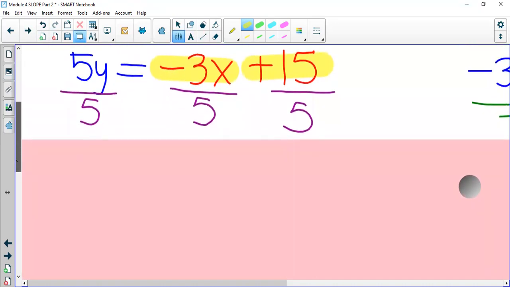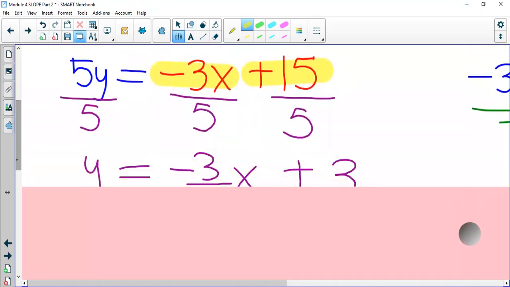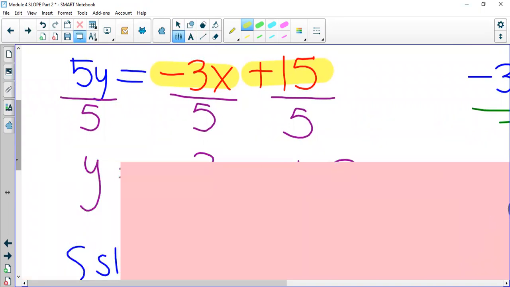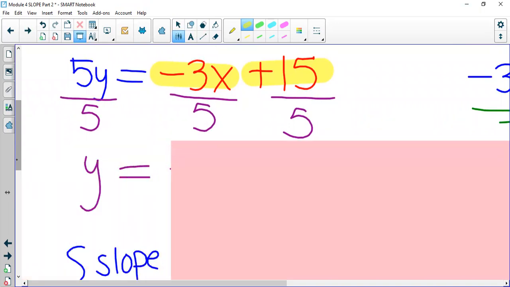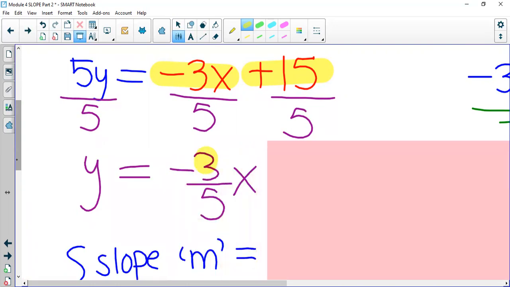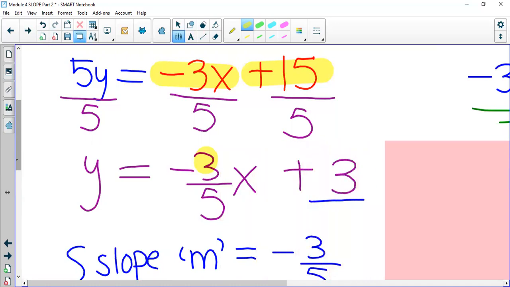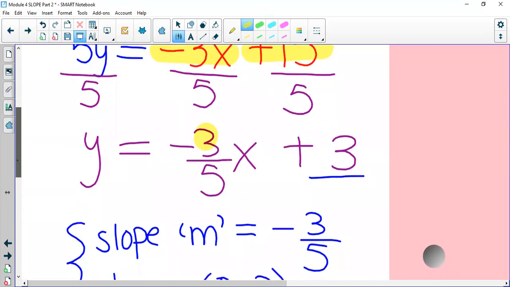So let's do that. 5y divided by 5 is going to give me y by itself. Negative 3x divided by 5, I can't isolate that. That's going to be negative 3 over 5 x. 15 divided by 5 is going to be positive 3. So now I have some good information from this problem.